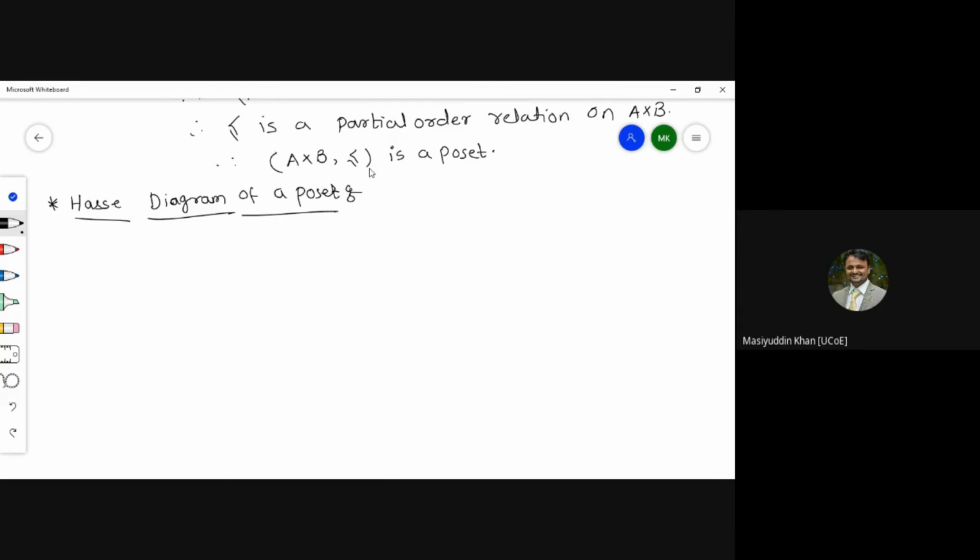So one more time, I will just explain the definition. The diagram of a partial order relation can be simplified, and such a simplified graph of a partial order is called a Hasse diagram. When the partial order is a total order, its Hasse diagram is a straight line, and the corresponding poset is called a chain.